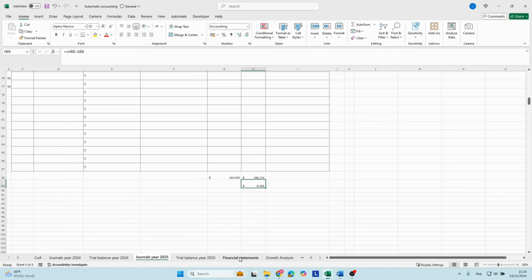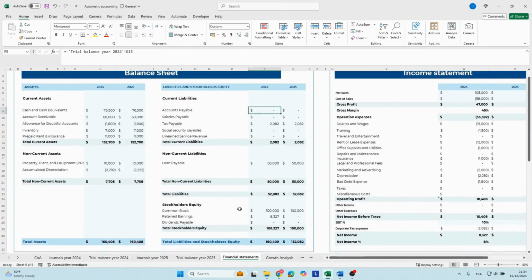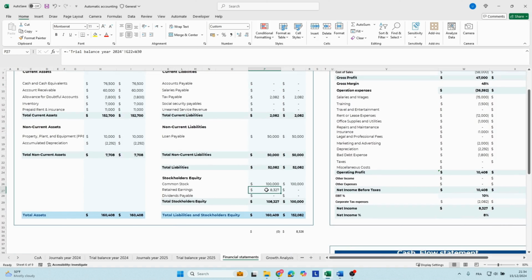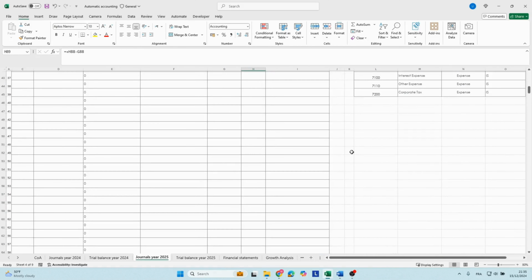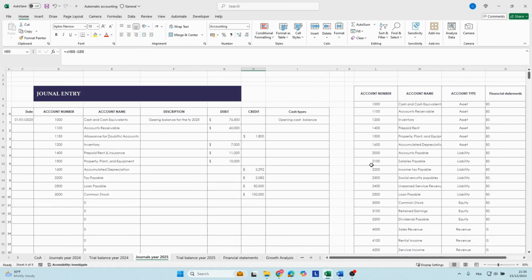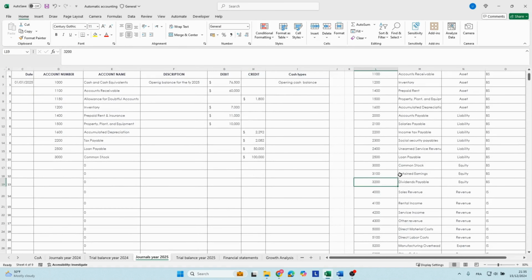8,326. We go to this financial statement, and you see this is the value for retained earnings. These accounts are related to the P&L accounts, so we can find them here. These accounts will not be taken to the next year; they will be reported in the retained earnings account. We go to the chart of accounts and look for retained earnings.